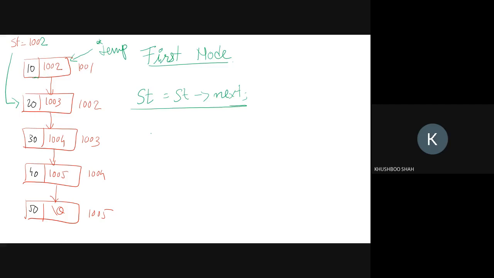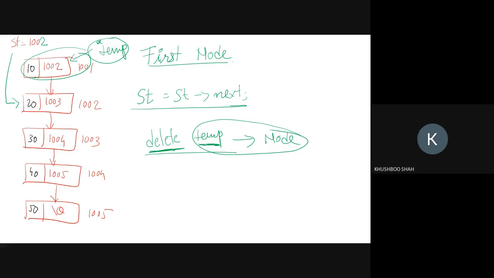So in this case, I only need to write delete temp. If I say delete temp, it means that it will delete this whole thing. Because ultimately this temp is pointing to the node structure, and when I'm saying delete it, it means it will delete all the things together.